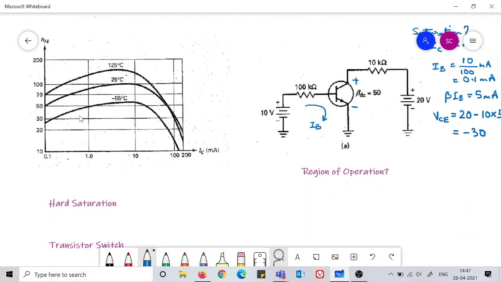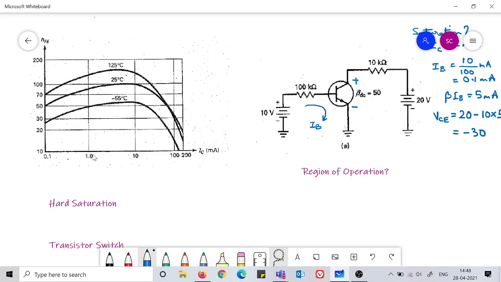And also you can see that in the rising region, let us only talk about this region where beta is increasing with different temperatures. As the temperature increases, the beta is increasing.